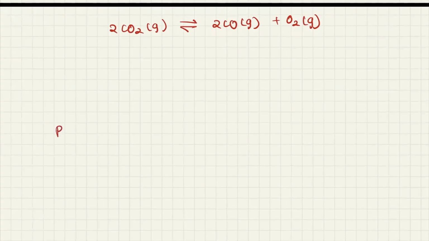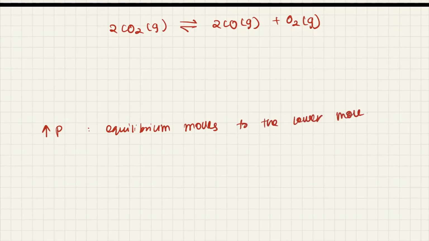So for pressure, if you increase the pressure, equilibrium moves to the lower mole. Okay, just bear with me for a sec. And when you decrease the pressure, equilibrium moves to the higher mole.